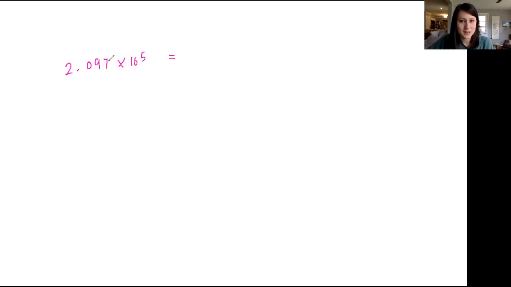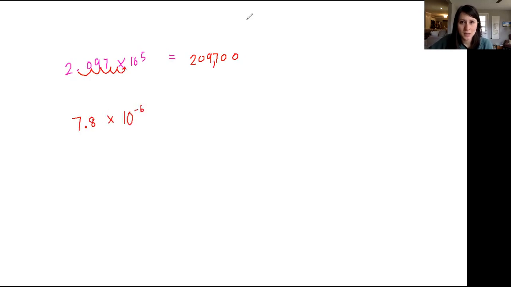And that really is saying I'm going to move my decimal five times over to the right. And I have two placeholders, 0, 0. So this becomes 209,700.